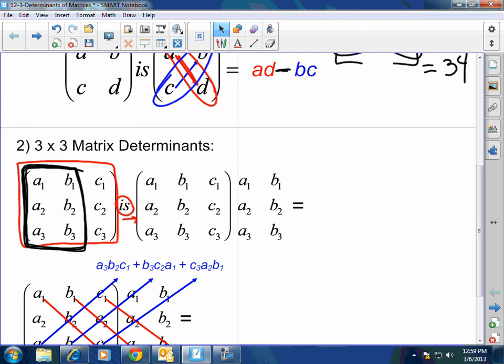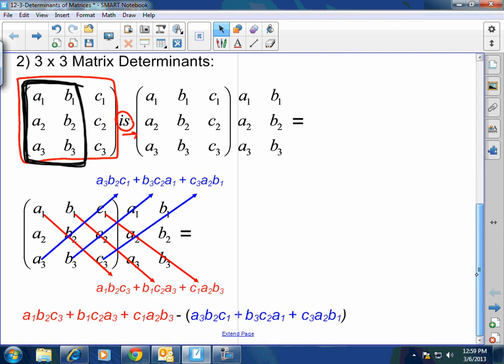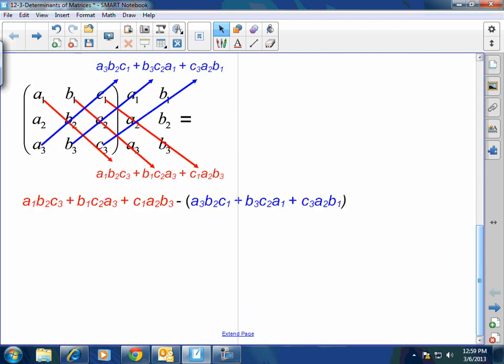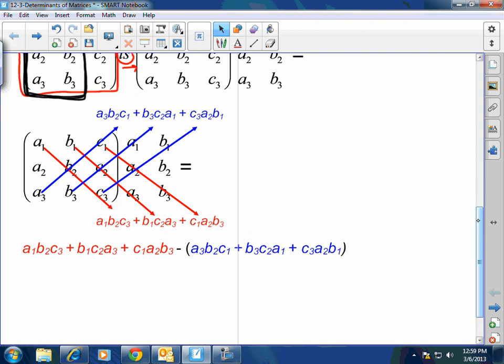You're going to have your matrix, and then you're going to take the first two columns, you put them right next to the right side of the original matrix that you have. Now, what do you do from there? You have it all here. Please pay attention to the blue and the red.